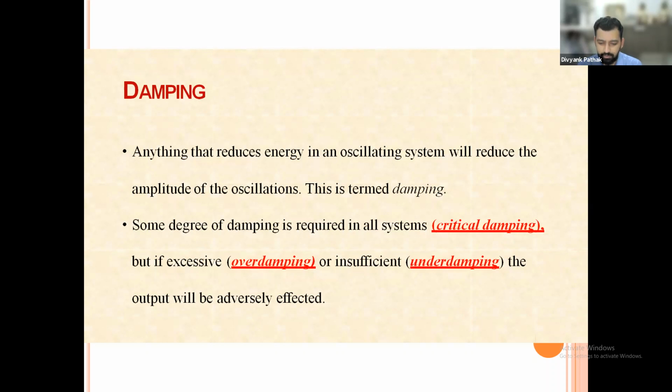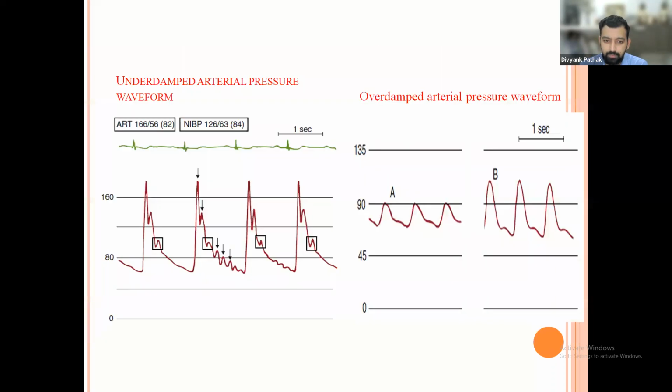Otherwise, the analysis will go haywire, or too many reverberations will be there. So some amount of damping is required. But if it is excessive, then it is overdamped, or if it is insufficient, then it is underdamped. The output will be adversely affected. Now, in this diagram, we'll see.